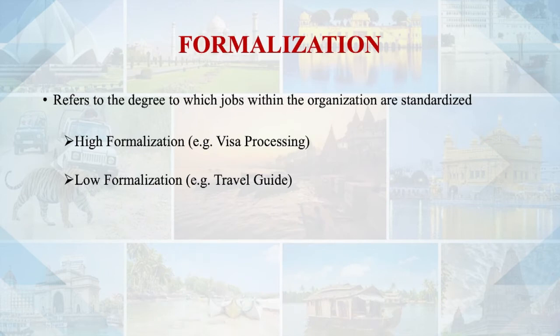The second possibility is where low formalization is needed. Now, this is generally applicable whenever the job behavior is relatively non-programmed and the employees have a great deal of freedom to exercise discretion in the work. For example, let us take a travel guide.